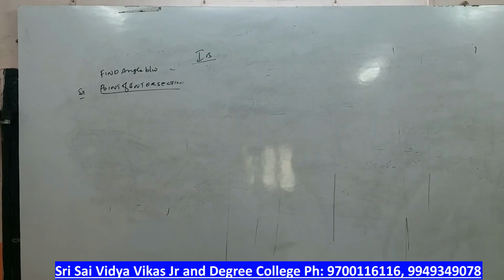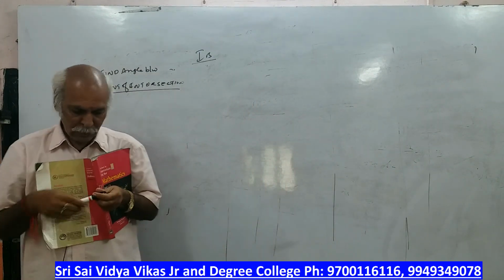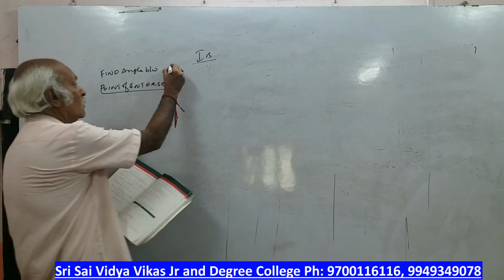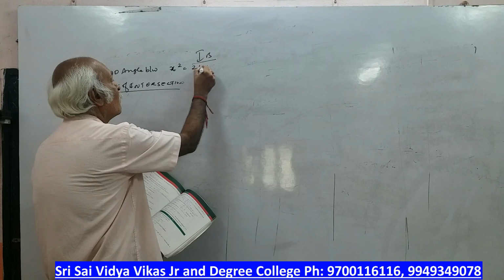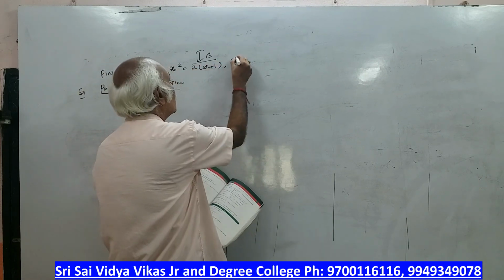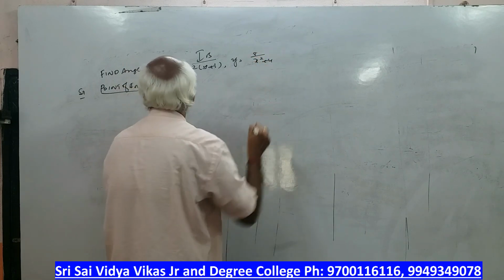Next, again. Find the angle between x square is equal to 2 into y plus 1, and y is equal to 8 by x square plus 4.